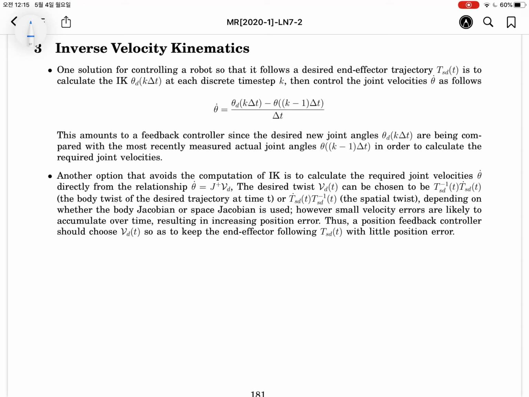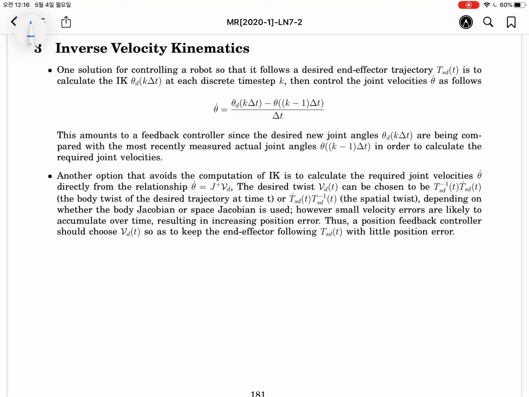Okay, till now we have talked about the computation level. We will take the time derivative of the IK. Then we will arrive at the velocity level. The velocity level mapping requires the Jacobian between the theta dot and the x dot.